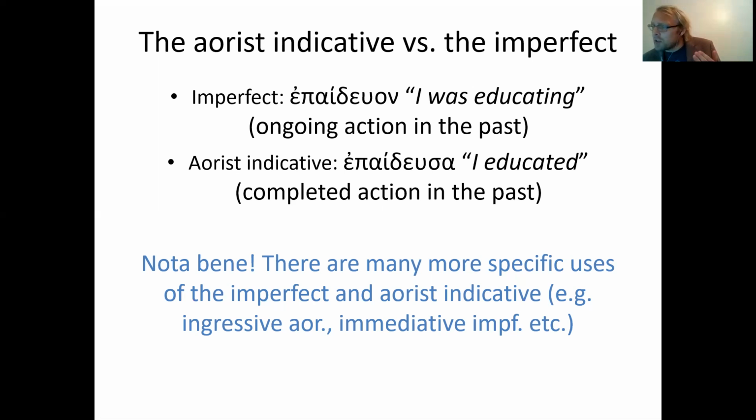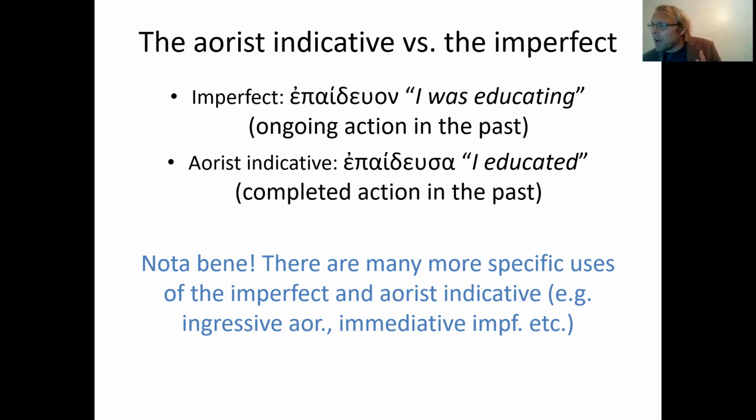It should also be mentioned at this point that the imperfect can be used to express repeated actions, and that both the imperfect and the aorist can express the initial state of events. That is, we can have ingressive aorists or inceptive or immediative imperfects in the past as well. And of course, there are many more specific uses of both the imperfect and the aorist indicative, which we will not deal with today, however.